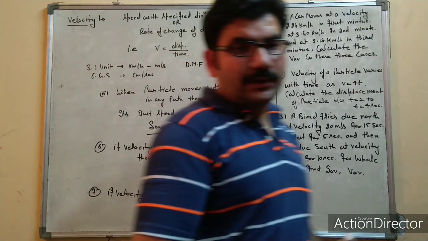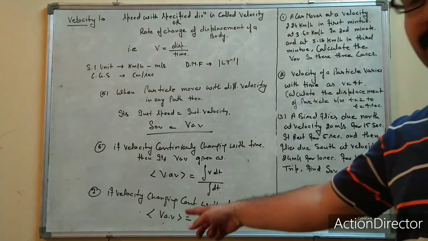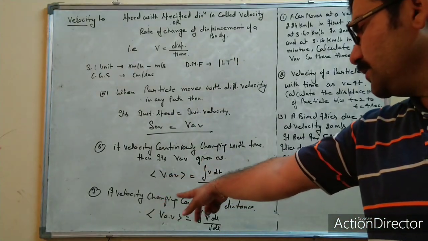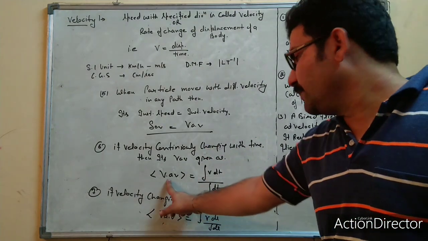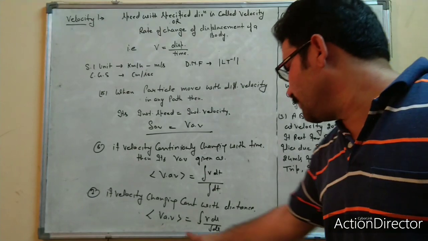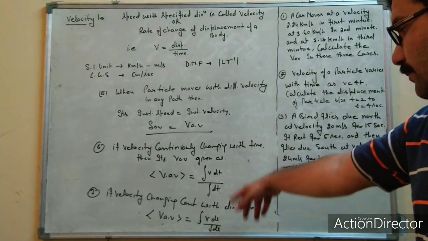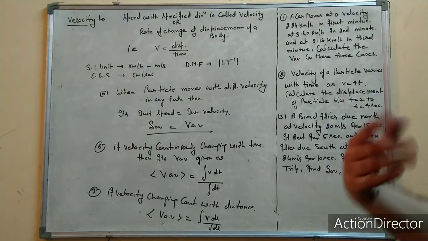This is also the formula for finding the average velocity whenever velocity is changing continuously with the distance. But in case of time, we will use that formula. In case of distance, we will use that formula. These formulae are more useful in numericals.